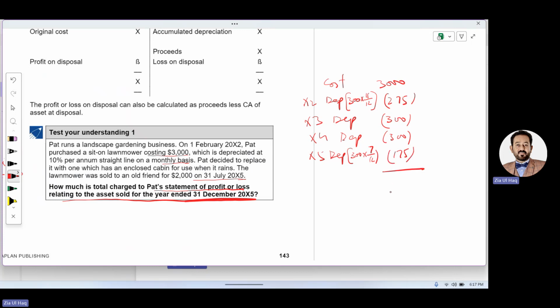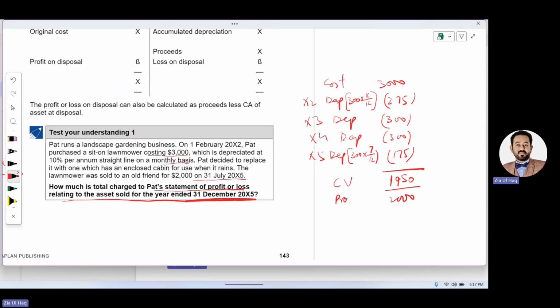Altogether, the total accumulated depreciation is 1,050. So what is the carrying value? 3,000 minus 1,050 is 1,950. So 1,950 is the carrying value, and he has sold for 2,000.